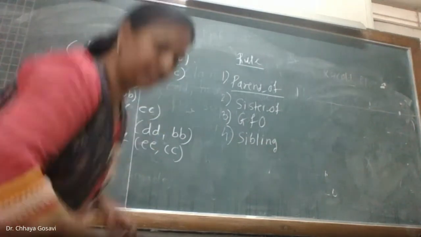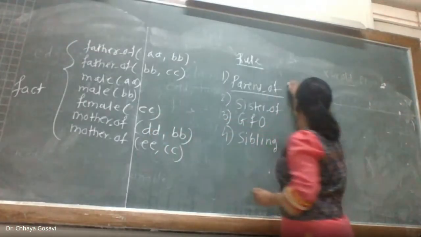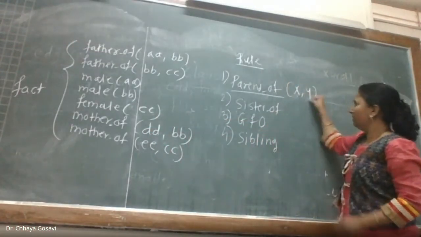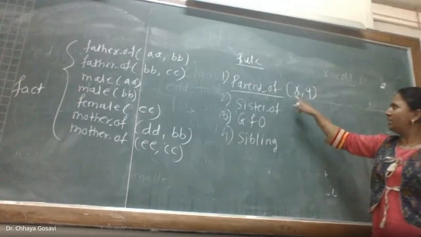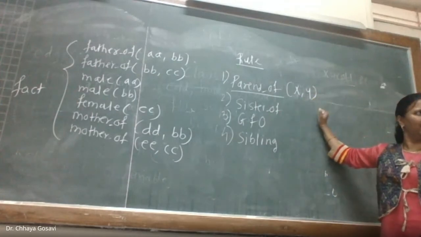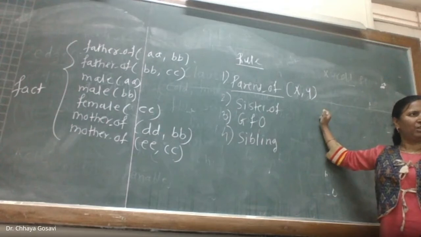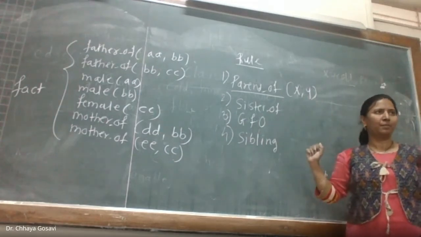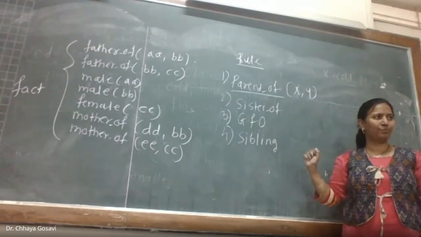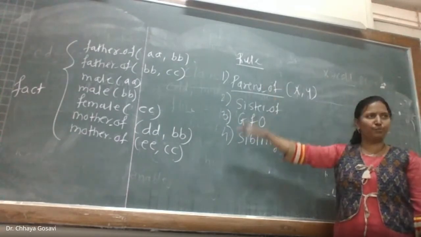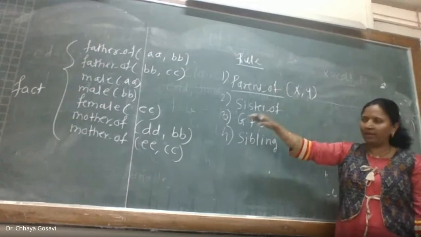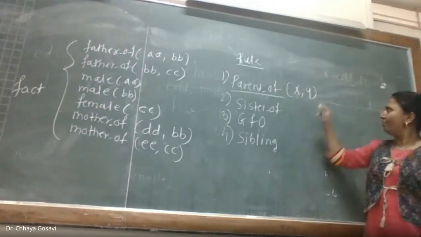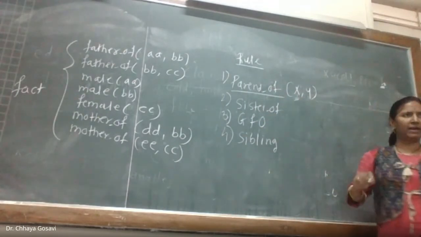So, yeah, we are taking two variables, x and y. X is parent of y. When can we say that x is parent of y? We have these relations: father of, male, female, and mother of. So then we can say that x is parent of y.